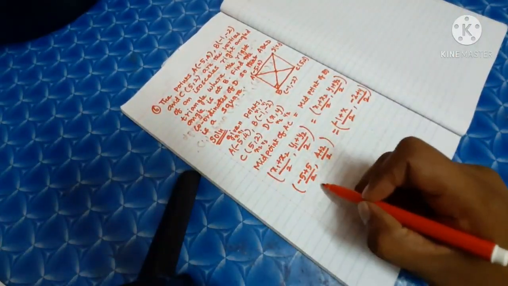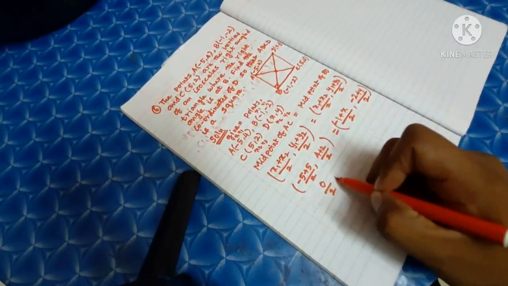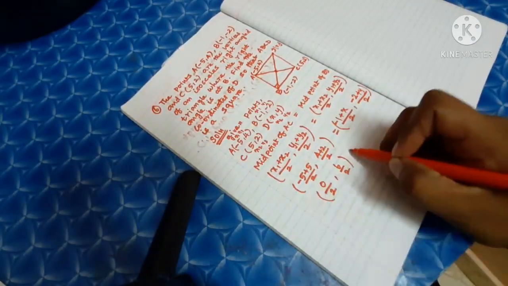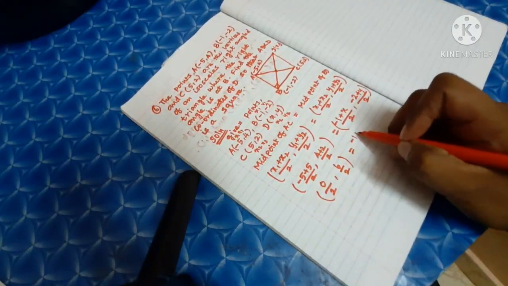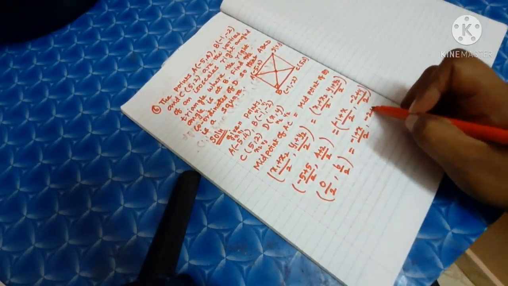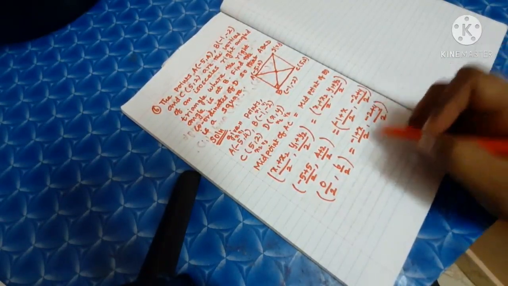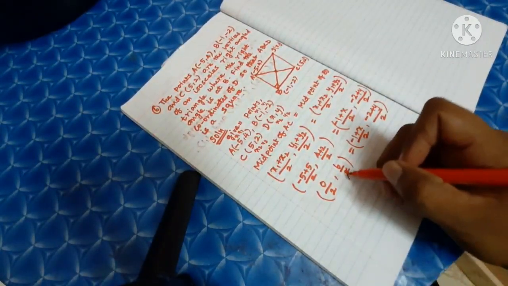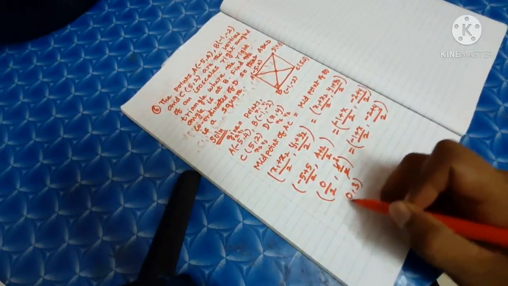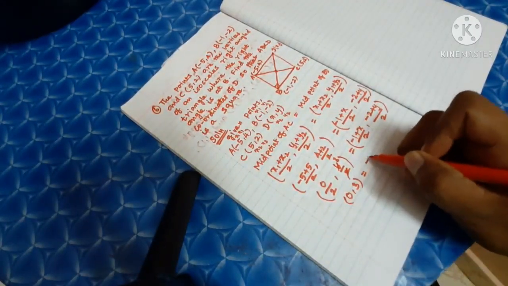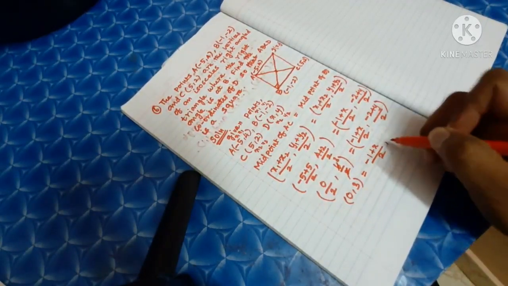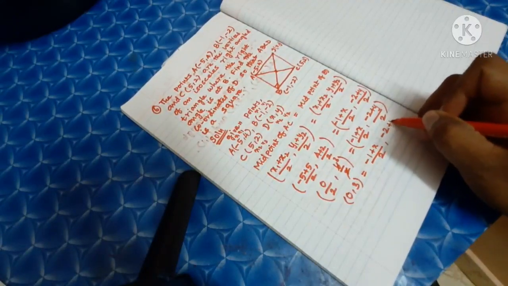Minus 5 plus 5 is 0, divided by 2, comma 4 plus 2 is 6, divided by 2. 2 threes are 6. So 0 comma 3 is equal to minus 1 plus x divided by 2 comma minus 2 plus y divided by 2.